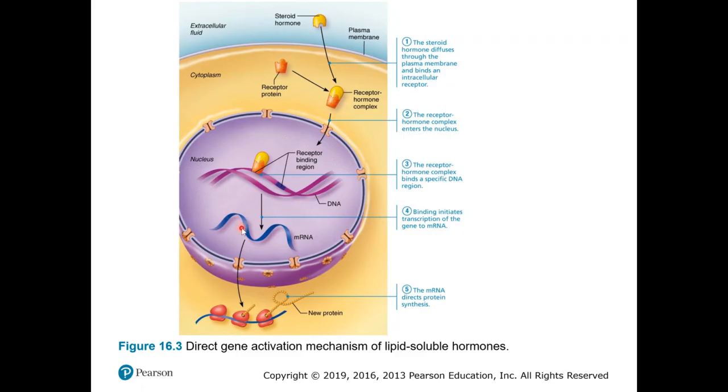messenger RNA, smaller molecule, which can slither its way out of one of the nuclear pores out into the cytoplasm, where then it can associate with the ribosome. And then we can attach amino acids together in the process of protein synthesis. We can translate this messenger RNA into protein. This also is ripe for a cascade of events to amplify the signal.